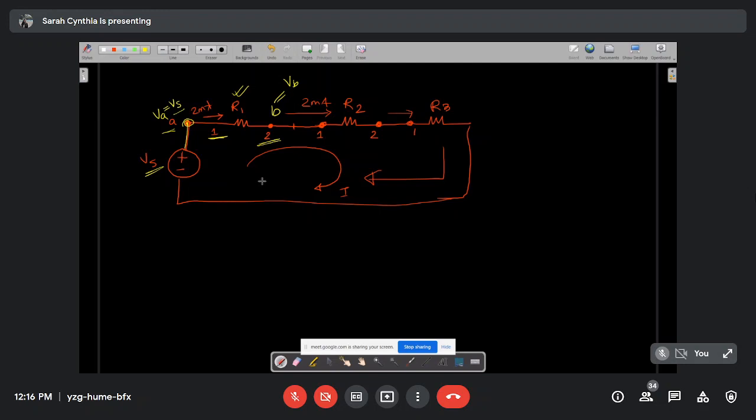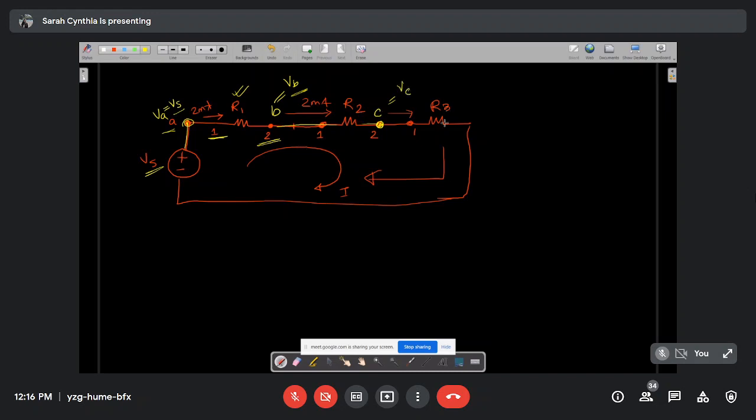Similarly, R2 is connected to this node B, which has a voltage VB, and the second terminal of R2 will have a different voltage after a certain voltage drop across it. So let us consider this is node C. After R2, this is node C and has a voltage VC.